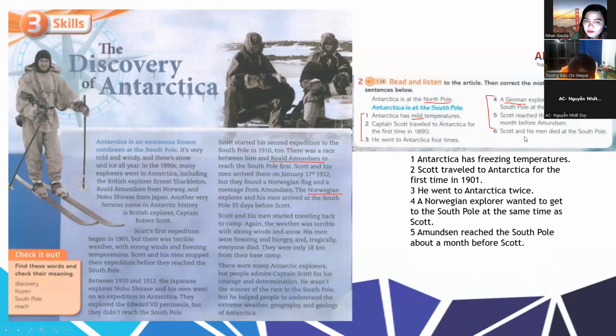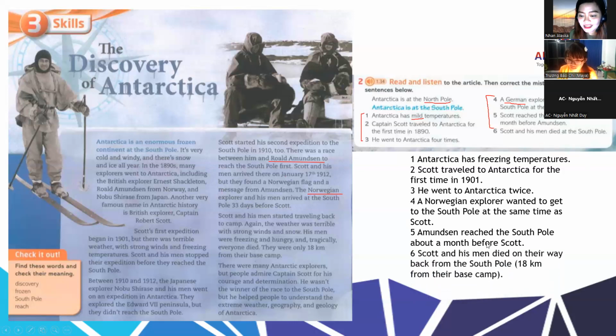Scott and his men died at the South Pole. Scott and his men died on their way back from the South Pole, right? Remember, they died 18 kilometers from their base camp. So for example, this is the base camp, Maya.